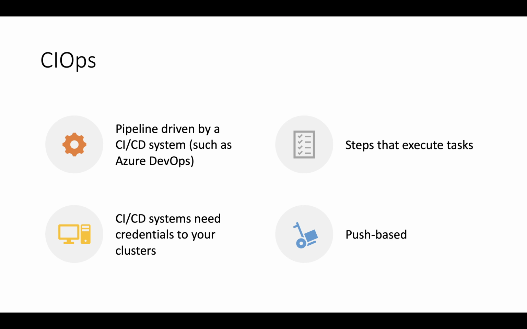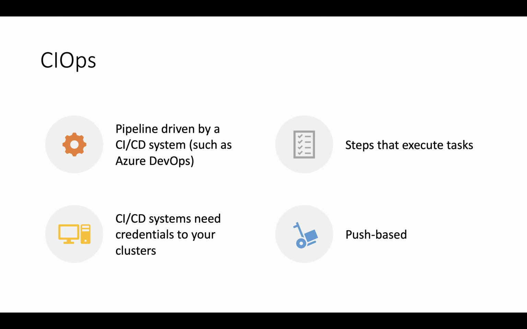So Azure DevOps is doing such things, other systems as well, and they're steps that execute tasks. And it's not uncommon that a task is a bash script task, for instance, and there's a bash script somewhere in there that does all kinds of configurations. And then you're working more in an imperative way, which is not what you want to do in a GitOps world.